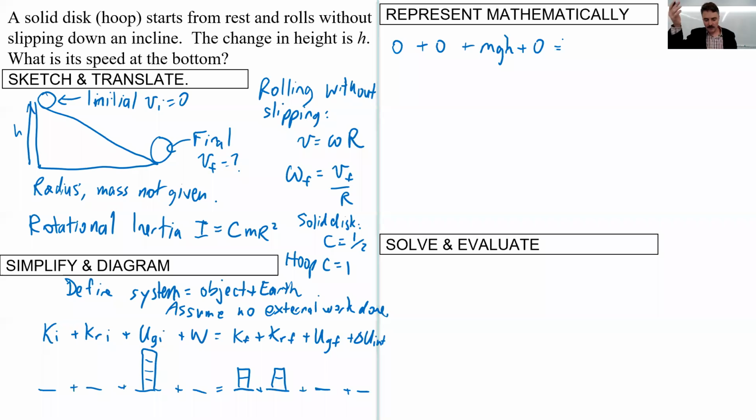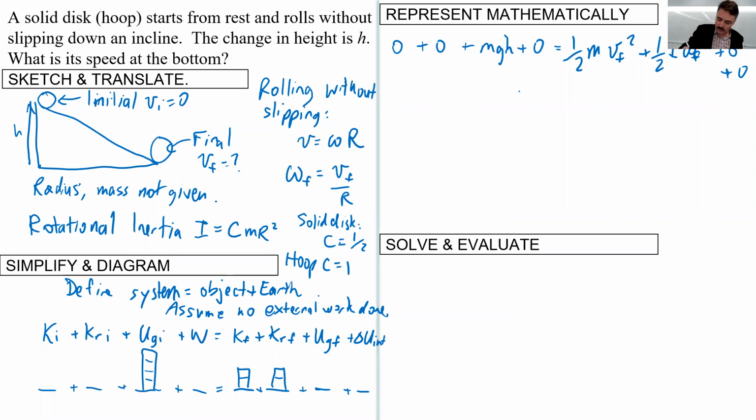And Nisa, yeah, I would give you the C value on a test, or you could look it up pretty easily, but I don't think I'm going to force you to look it up. So it's 1/2 mv final squared plus 1/2 I omega final squared plus 0, because it ends up with 0 height, plus no change in internal energy.